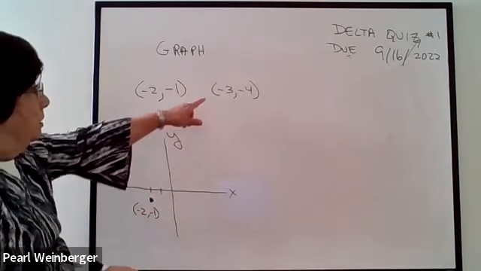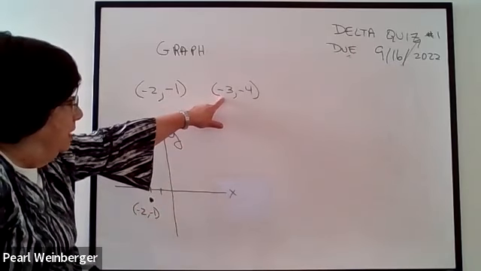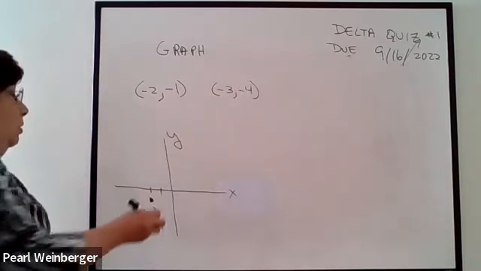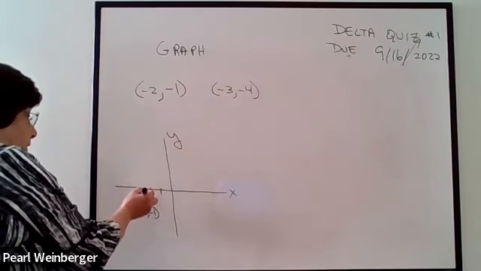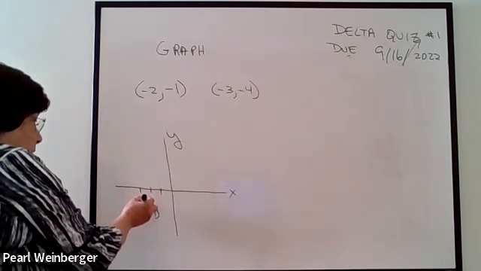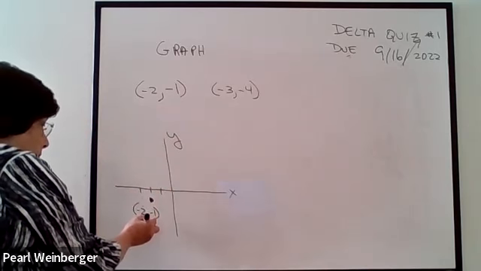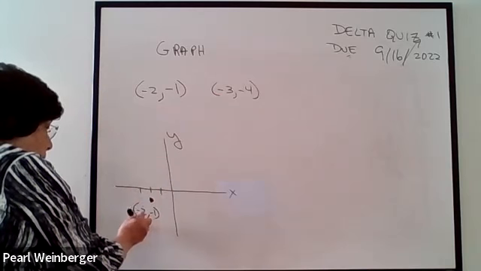The other point on this line is the point (-3, -4), which means we'll go 3 to the left and 4 down. 1, 2, 3, 4. Here's the point.